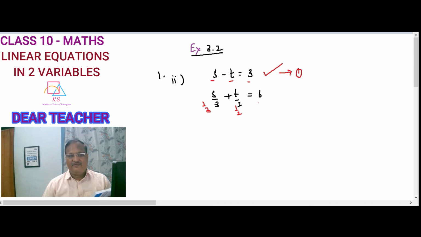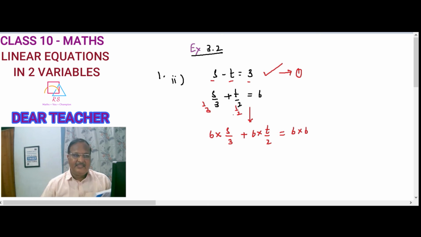For this second equation, take the LCM of 3 and 2, which is 6. Multiply every term with the LCM: 6 into s by 3 plus 6 into t by 2 equals 6 into 6.